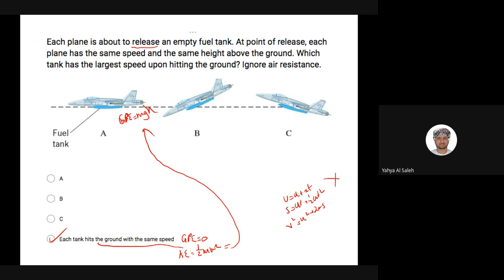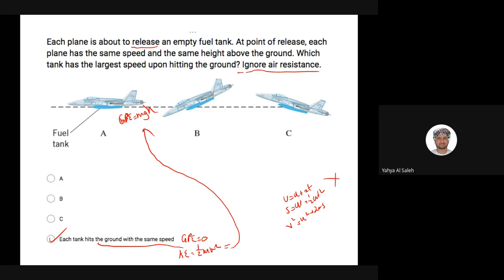I want to be as accurate as possible when answering you. The angle at which it is released, if we are ignoring air resistance, does not make a difference as long as the thing does not start to rotate.